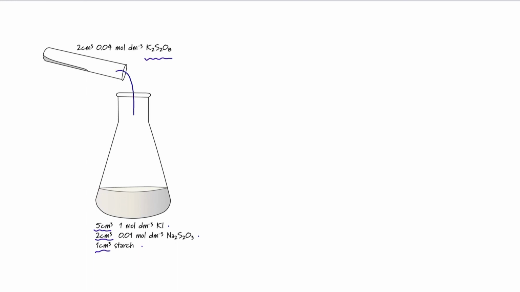The minute that we pour the peroxydisulfate ions into the reaction mixture, we start the stop clock. And the minute that we see the blue-black complex form, we stop the stop clock. And so the time taken to produce this starch-iodine complex gives us a relative measure of our initial rate of reaction.